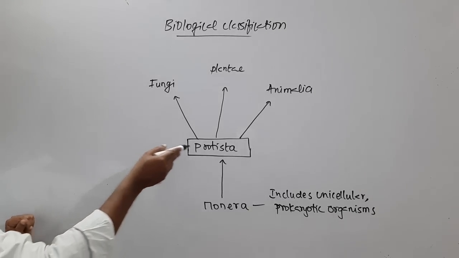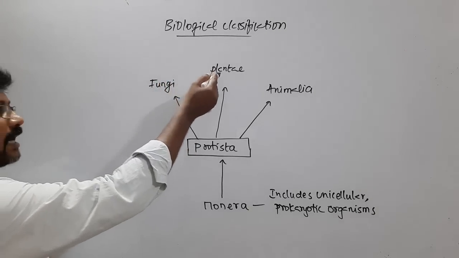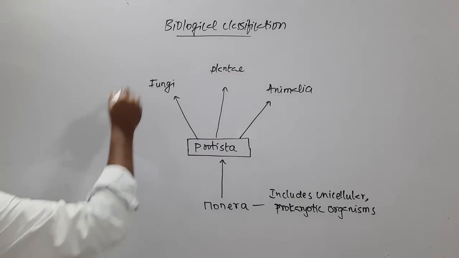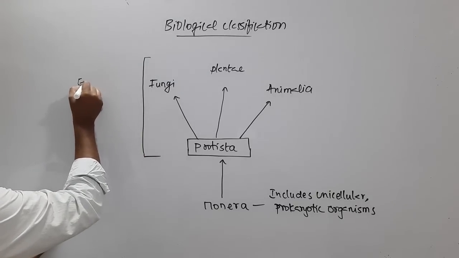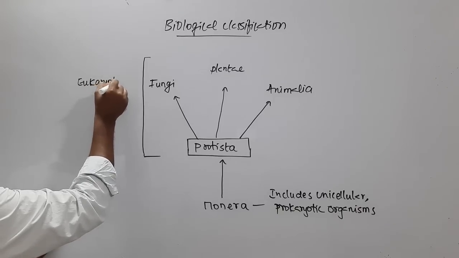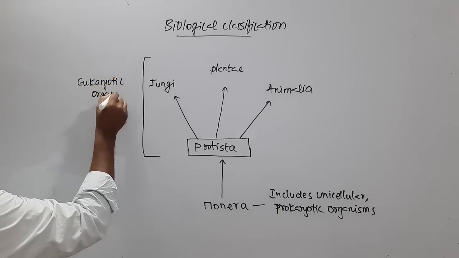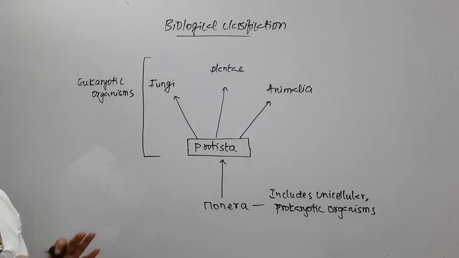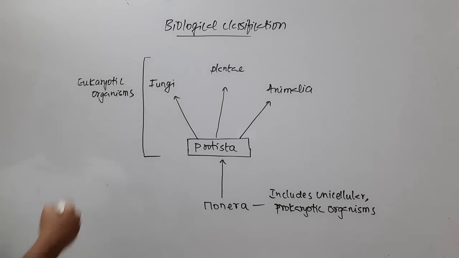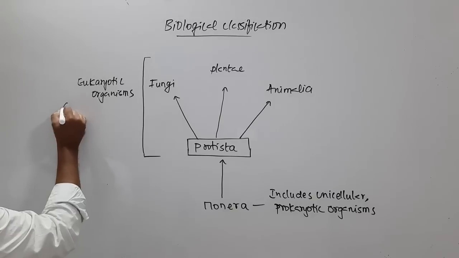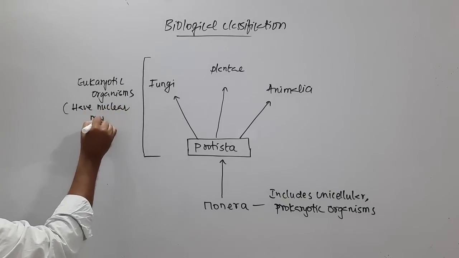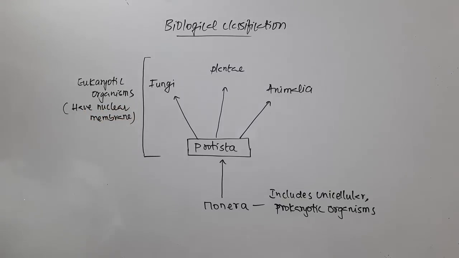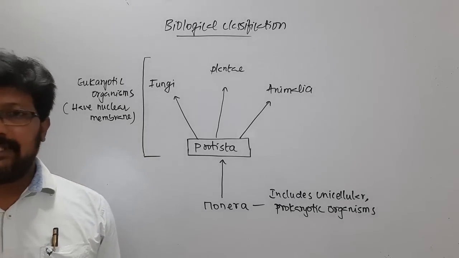And coming to the groups Protista, Fungi, Plantae, and Animalia, all of these are eukaryotic organisms. I hope you remember that in the last session I told you that eukaryotic organisms are the ones that have a nuclear membrane. The presence of a nuclear membrane indicates that they have a nucleus.